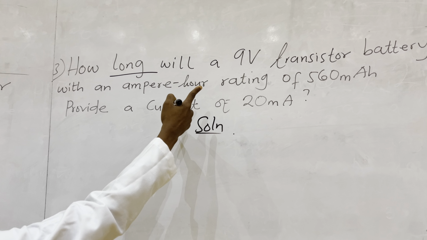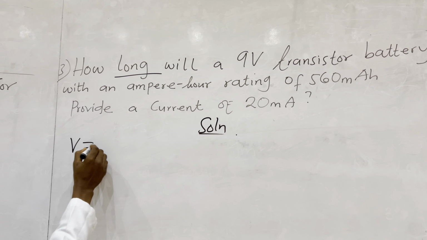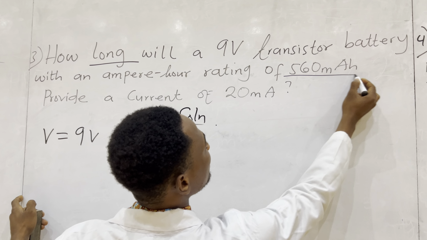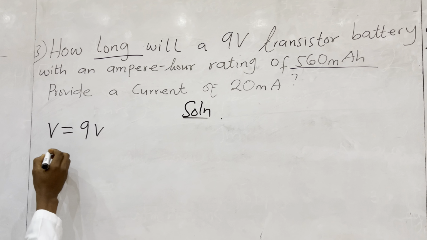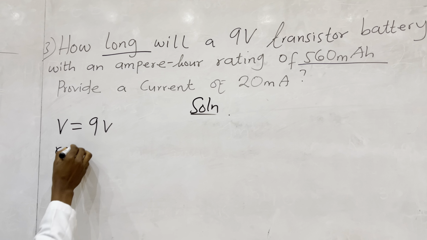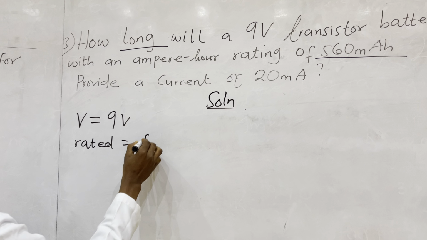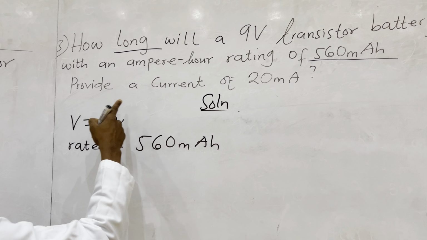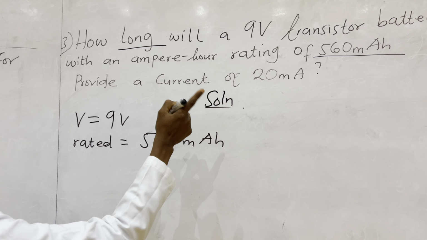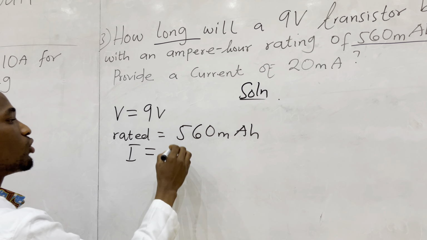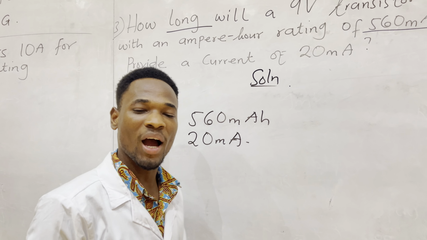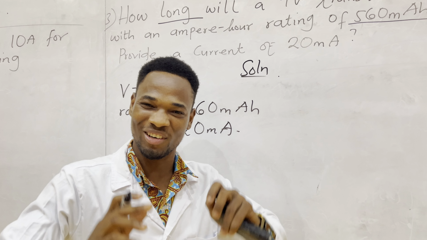So how long will a 9 volts transistor battery with an ampere hour rating of 560 milliampere hour, which provides a current of 20 milliampere, last? I have my voltage to be 9 volts.